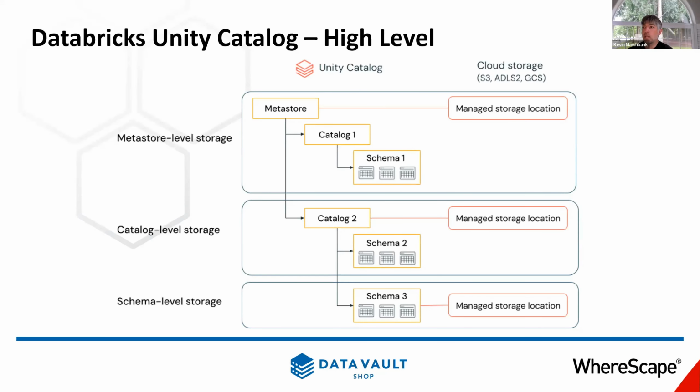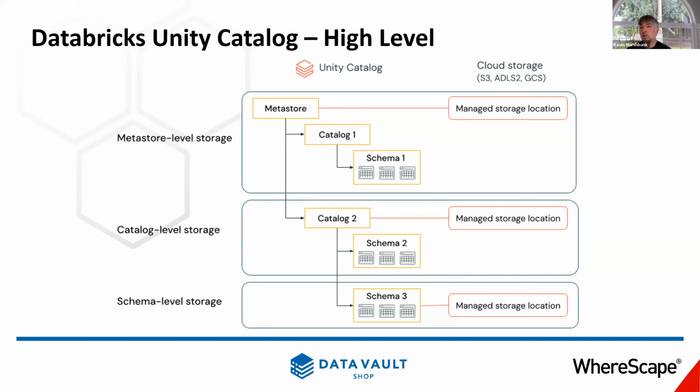So at a high level with Unity catalog, you can see that you've got your Metastore level storage, and then on the right-hand side, you'll see the cloud storage: S3, ADLS2, Google Cloud Storage, and whichever lake platform you want to use. Basically, Databricks will store the objects that you're creating inside your schemas in those storage locations that you've configured in Databricks.